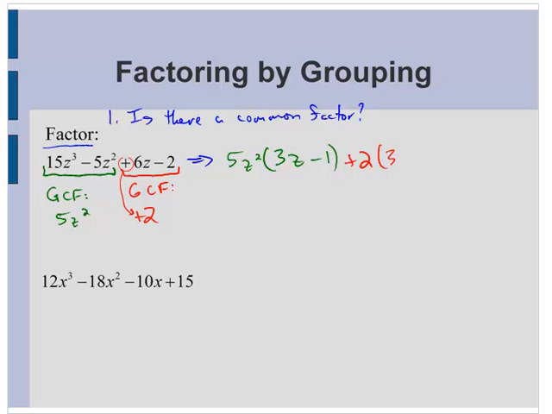Well, 2 times 3z would give me 6z, and 2 times negative 1 would give me a negative 2. Now notice that there is a common binomial factor. Now the GCF is 3z minus 1. And so I can write this as 3z minus 1 times 5z squared plus 2.